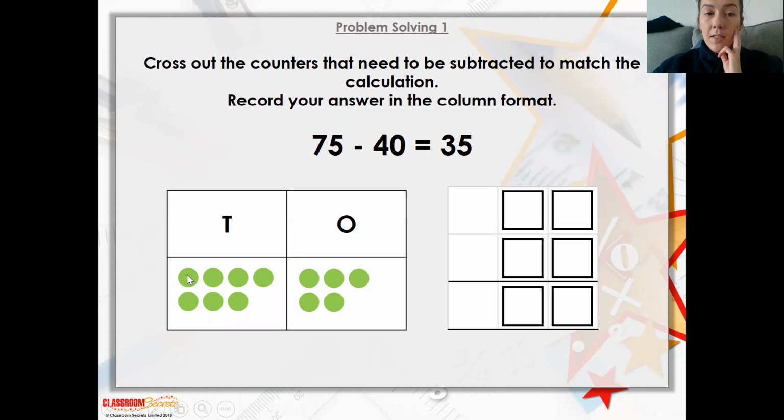You've got your 10s because you've got 10, 20, 30, 40, 50, 60, 70, and your 1s, your 5 ones, they stay the same because you're only subtracting 40 or 4 of those 10s. So what I would do is cross out 4, 1, 2, 3, 4, and you should be left with 30. So your answer is 35.